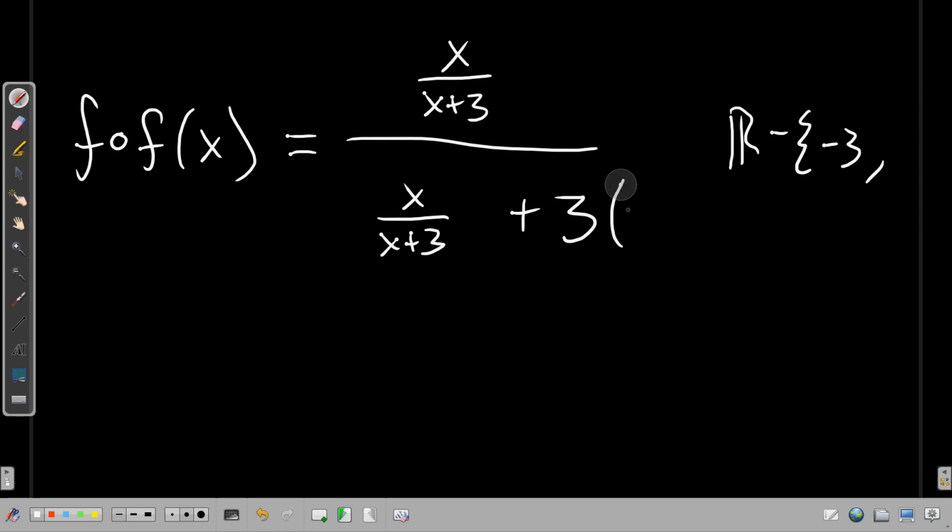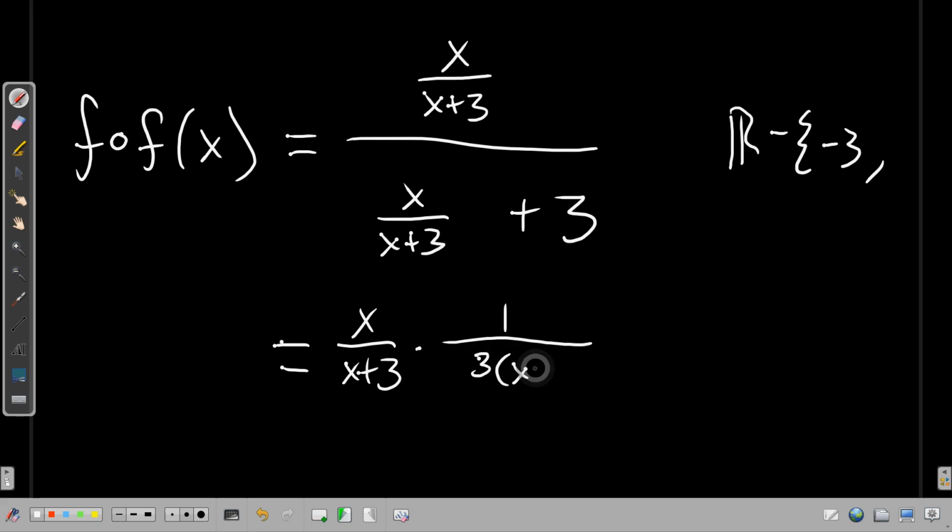So I can do the addition in the bottom, right? So here's my numerator, and then times 1 over 3 times x plus 3 plus x over x plus 3.